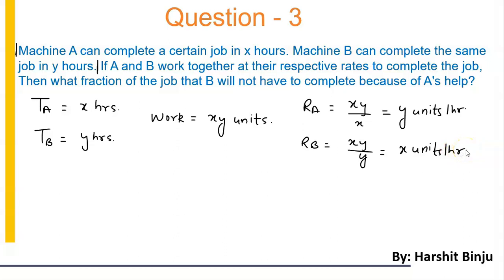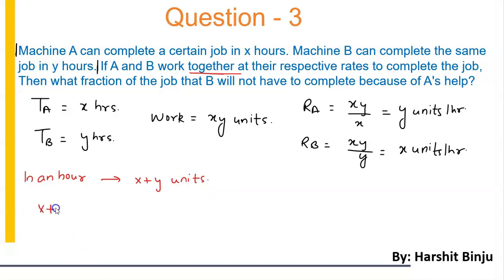Now, if A and B work together at their respective rates to complete the job, that means in an hour they are doing X plus Y units.